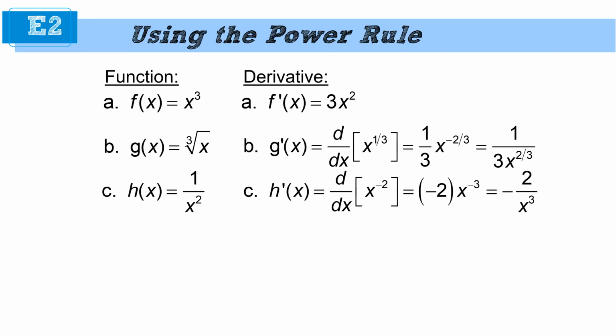Okay, so this is pretty simple. Go back to this very quickly. What if there's a number in front of the function? What if instead of x cubed it was 3x cubed? What would you do with that number out in front? Bingo. It's the constant multiple rule. Multiply it by a constant.